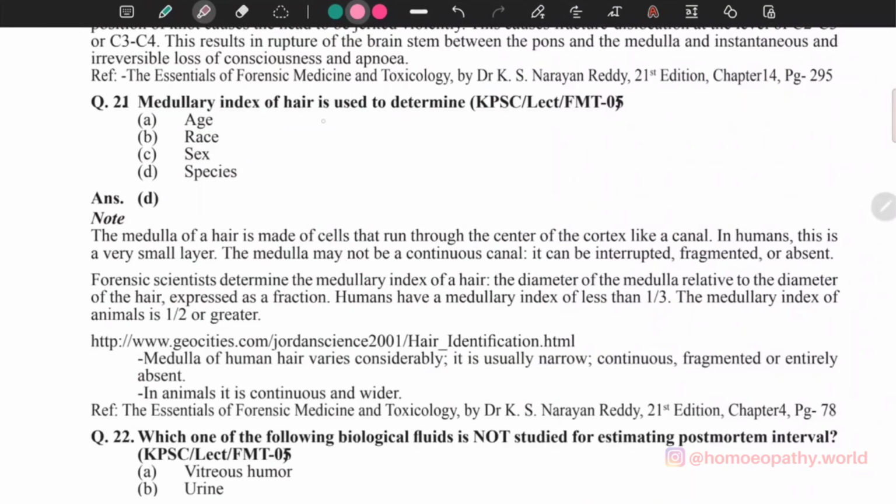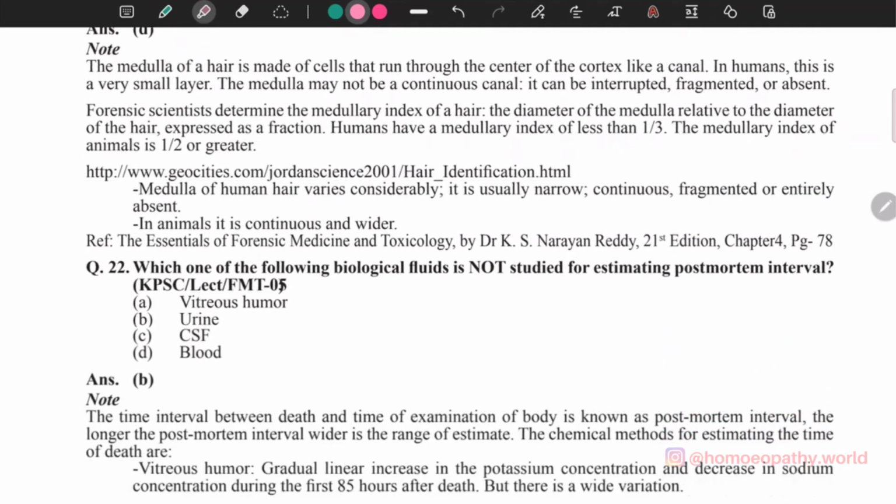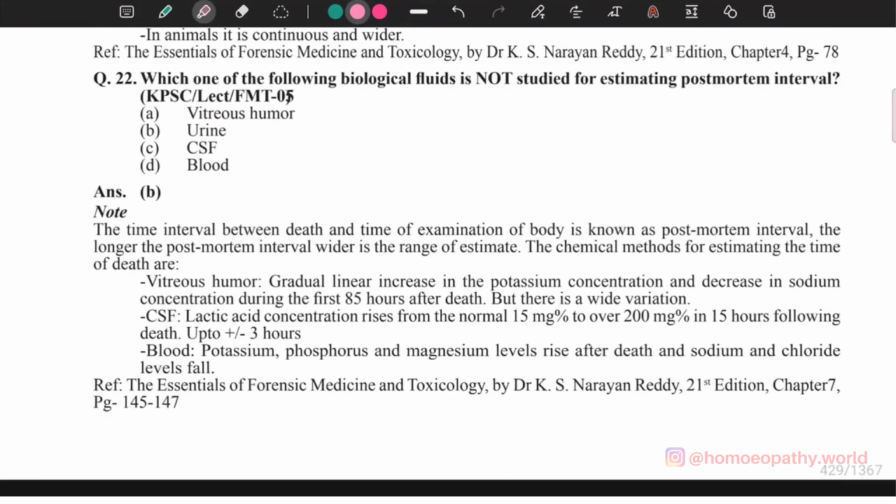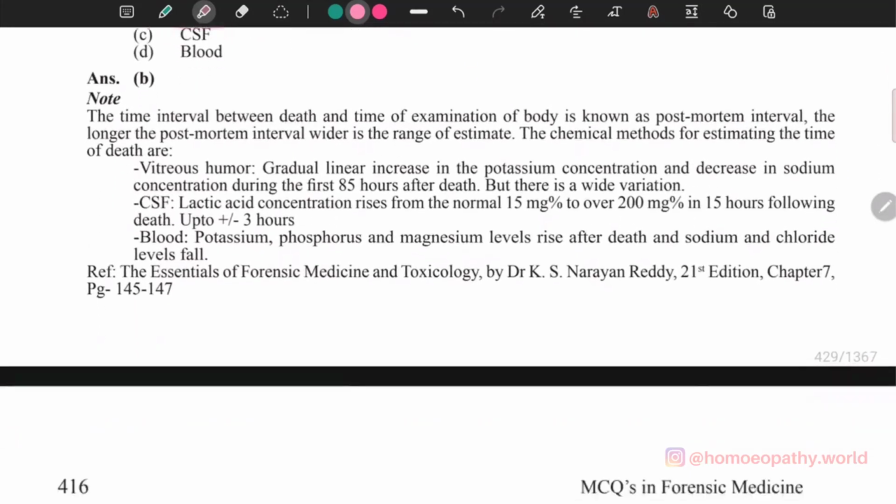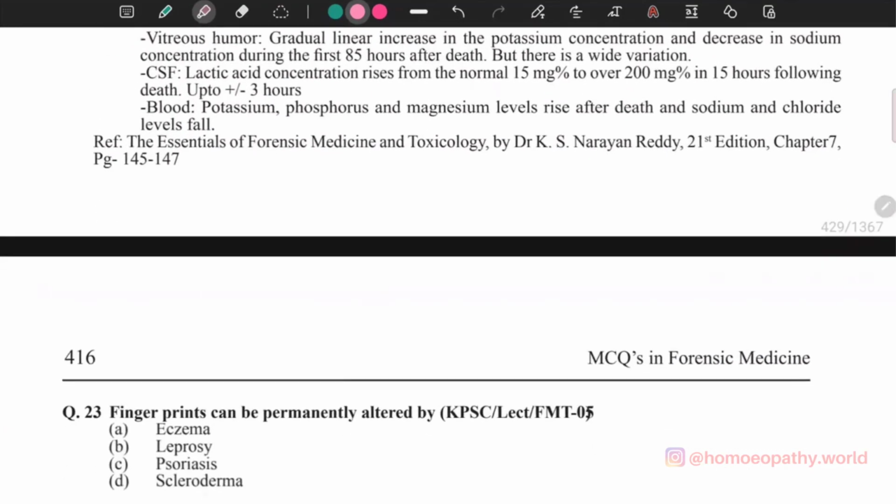Next is, medullary index of hair is used to determine A. age, B. race, C. sex, and D. species. So the answer is D. species. Next question. Which of the following biological fluids is not studied for estimating postmortem interval? A. vitreous humor, B. urine, C. CSF, and D. blood. So the answer is urine is not studied for estimating postmortem interval.